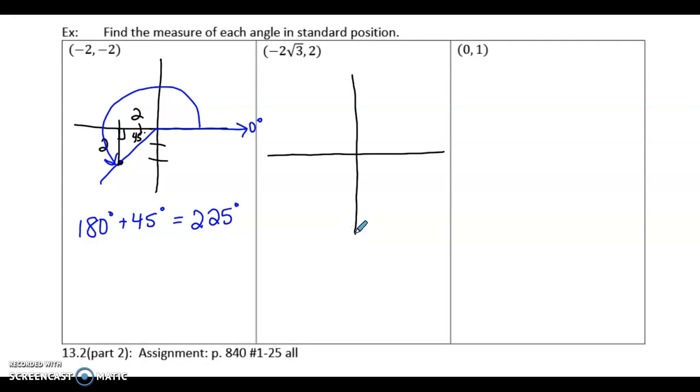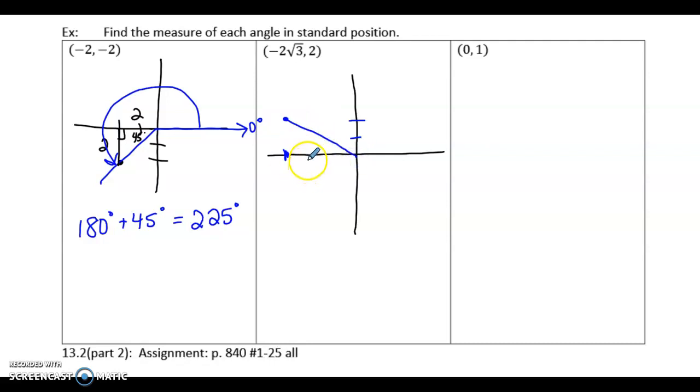Now this one's a little bit trickier to draw, but the idea is that you're going negative 2 square root of 3 and up 2. So this length is kind of hard to make perfect, because what is 2 square root of 3?